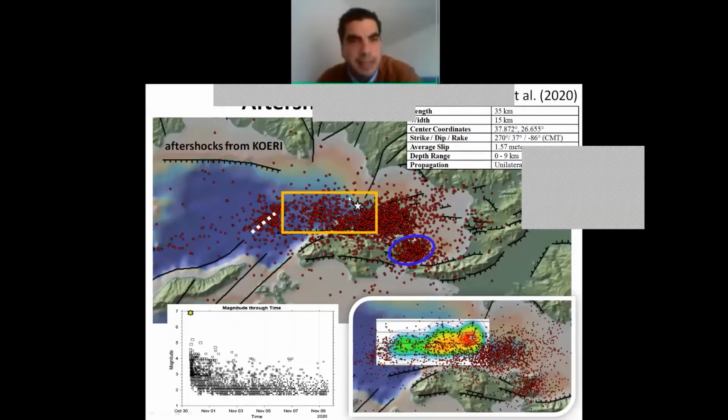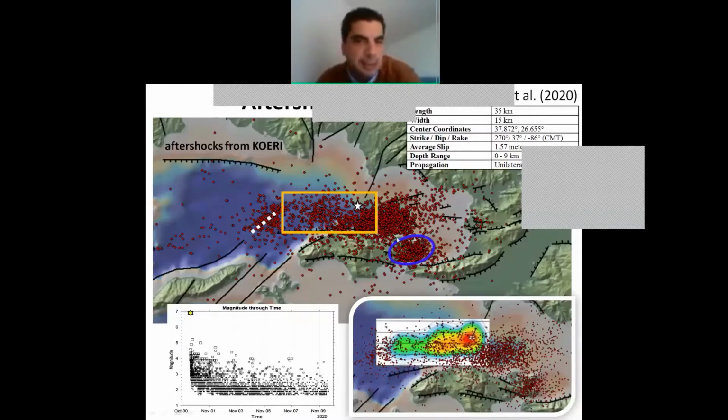Basically, the lack of aftershocks in the middle is where the most slip release is occurring from the finite solution. There were two peculiar clusters. One was in the west that seemed to correlate with a strike slip fault, which we identified with a dashed line here.